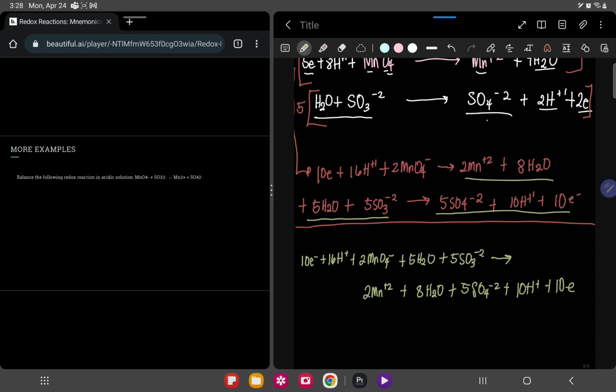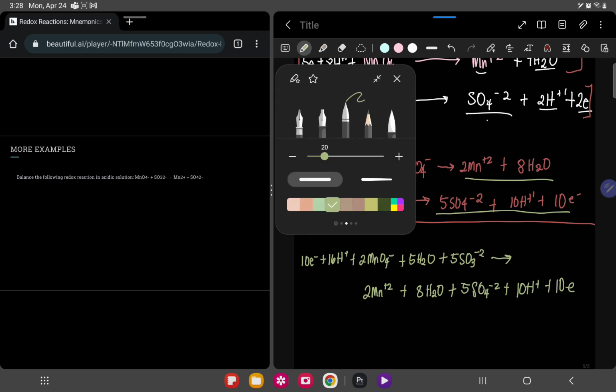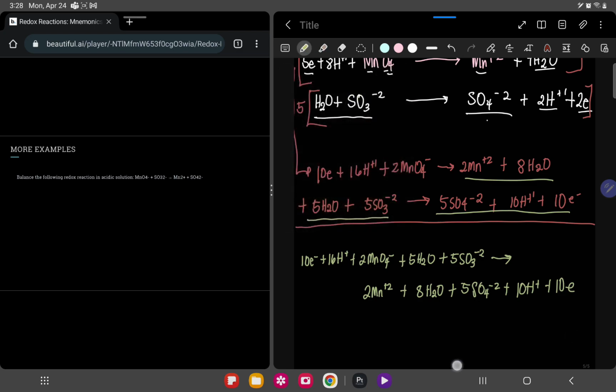Now that we have combined both of them, we have to cancel out everything that we can cancel to simplify the equation. So say for example, we can cancel 10 electron on both sides. Let's cancel that out. We can also cancel 10 hydrogen here because we have 16 hydrogen. So that will leave us with 6 hydrogen on this side. That will be 16 minus 10. So the difference will be 6 hydrogen. And then we have water. You can cancel water.